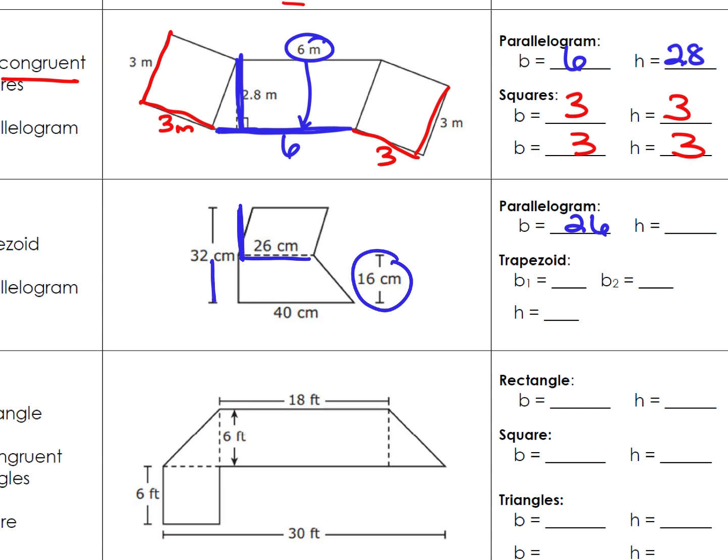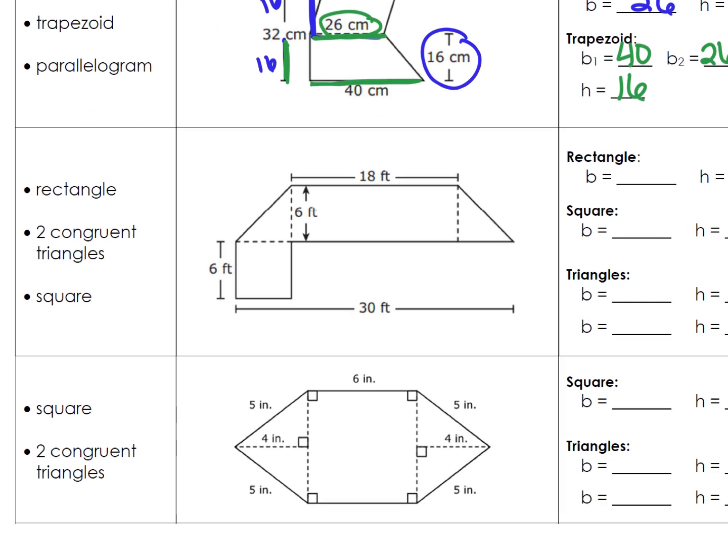So if this much of it is 16, then that leaves 16 for the top half where the parallelogram is. So my height of my parallelogram is 16. For my trapezoid, the height is also 16, right? And then I need 2 bases on a trapezoid. So the bottom base is 40 and the top base is 26. So 40 and 26.